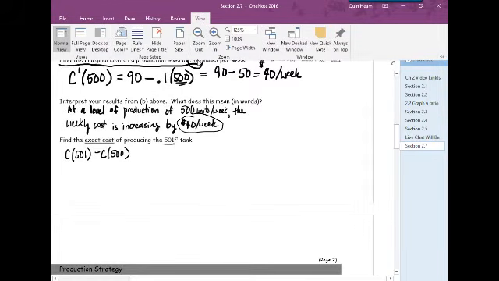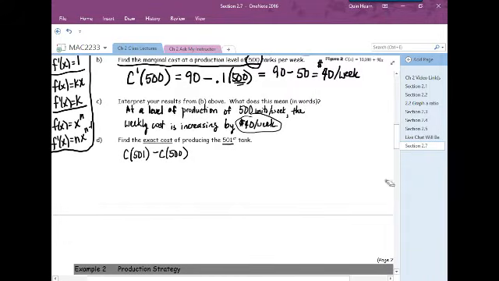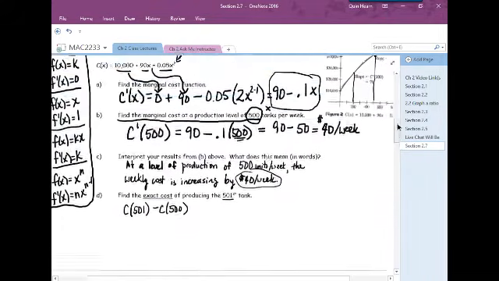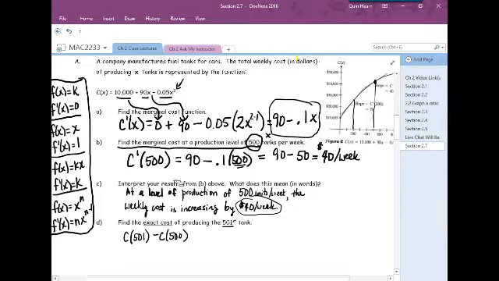All right, so that's going to require plugging into a calculator. So get out your calculators if you don't have them out already. We're going to plug into C of x. So we're going to have 10,000 plus 90 times 501 minus 0.05 times 501 squared. That's plugging into the cost function the value x equals 501.